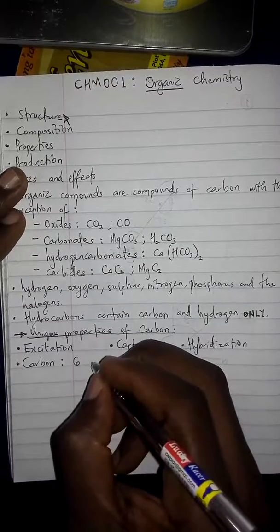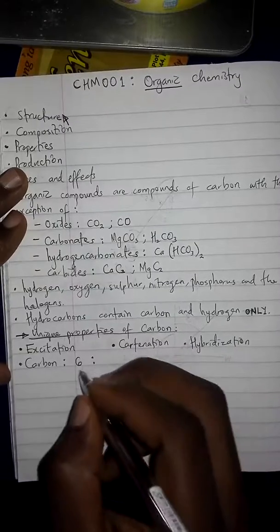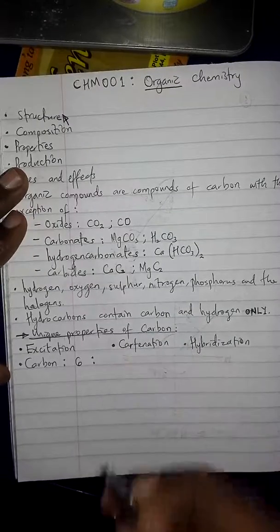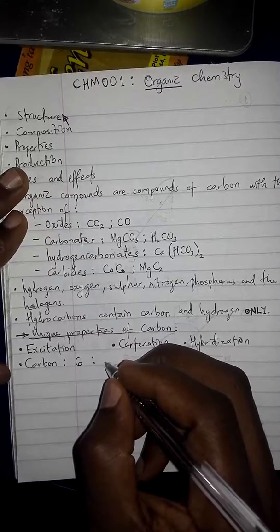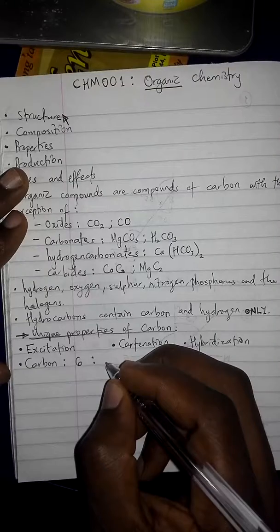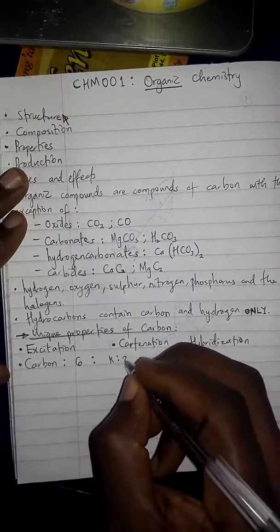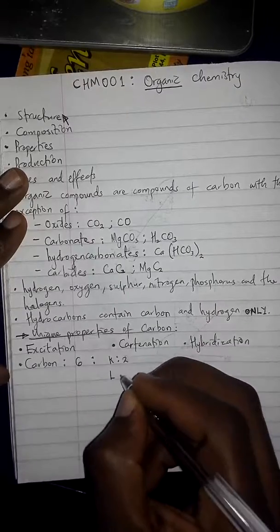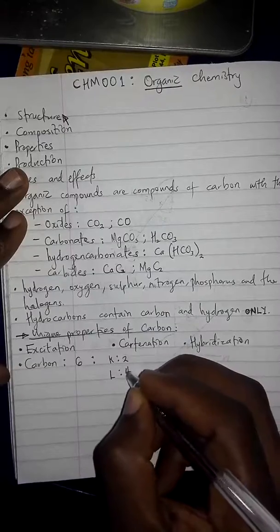Which means its electronic configuration, if you want to write it, is: in its first shell, the K shell, it has 2 electrons, and in its L shell, it has 4 electrons.